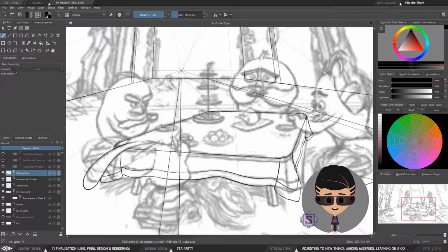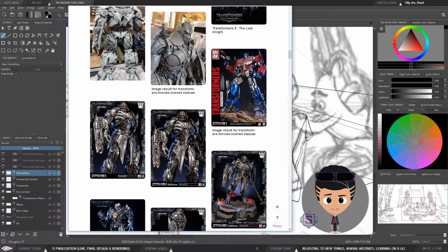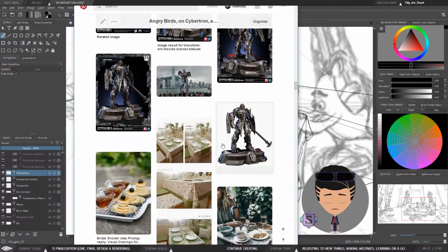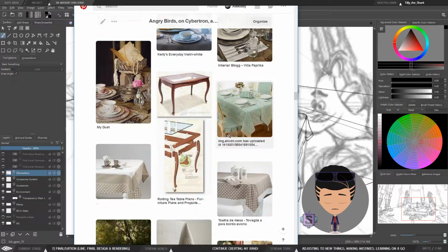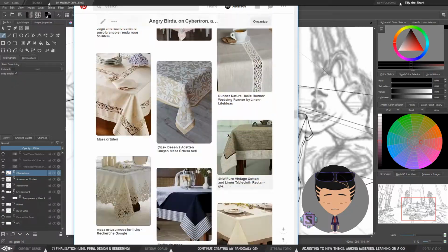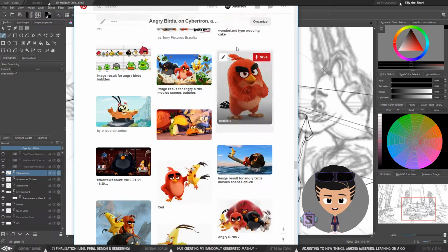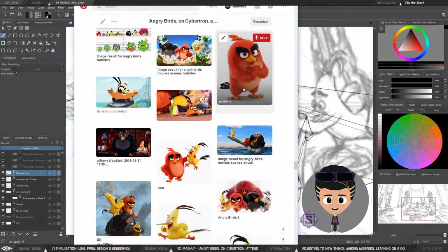For instance, Red is constantly making his wings, putting one wing on top of another by stating that, I don't know, this is his thing, and we of course decided to use it in our illustration to make things a little bit more clear.